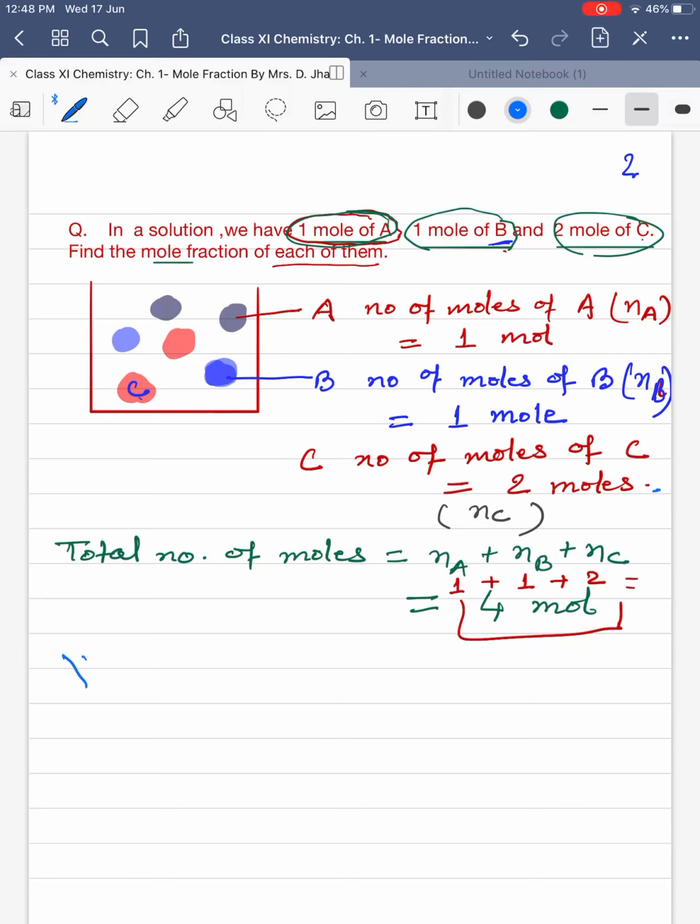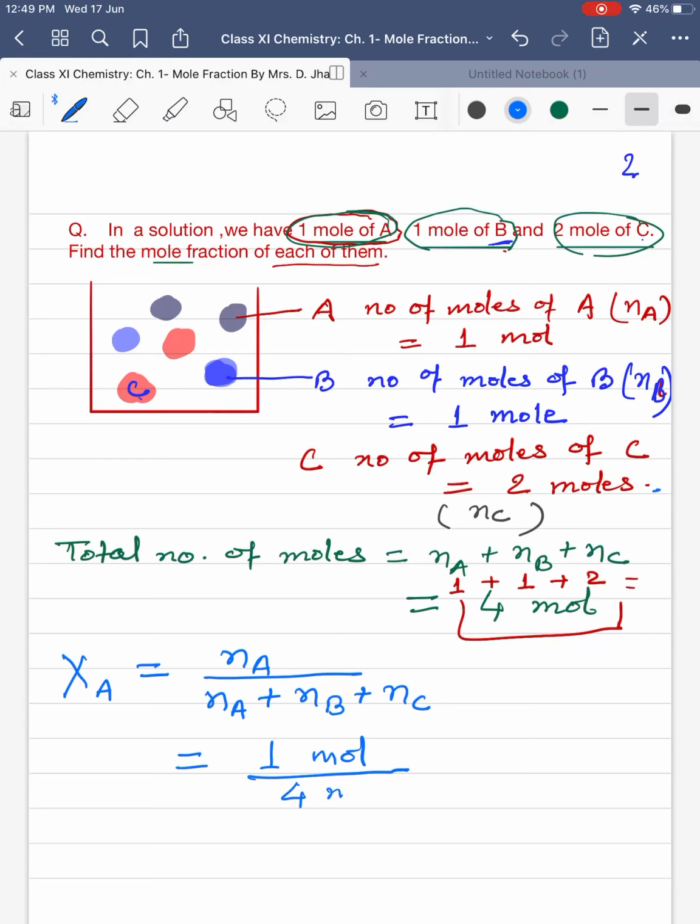Now the mole fraction of A is equal to number of moles of A divided by number of moles of A plus number of moles of B plus number of moles of C. It is 1 mole divided by the total number of moles, 4 moles, that is 0.25.